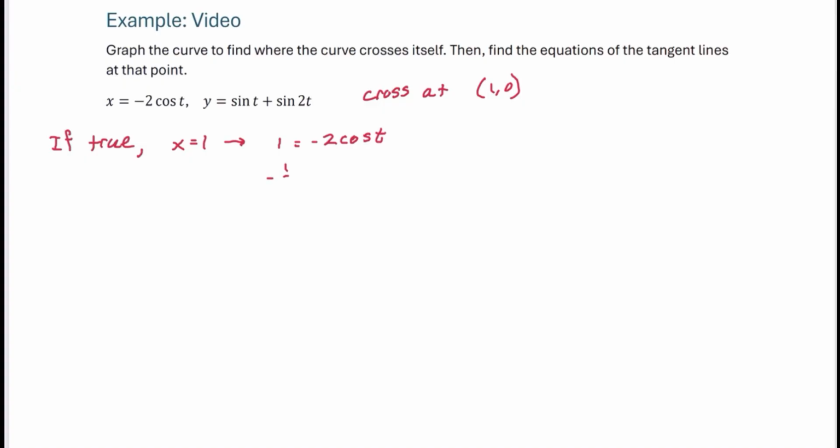We have -1/2 equals cosine of t. Now think about the unit circle. Where is cosine, the x value, -1/2? That happens when t is 2 pi thirds or when t is 4 pi thirds. And that is assuming that we are looking at values between 0 and 2 pi.